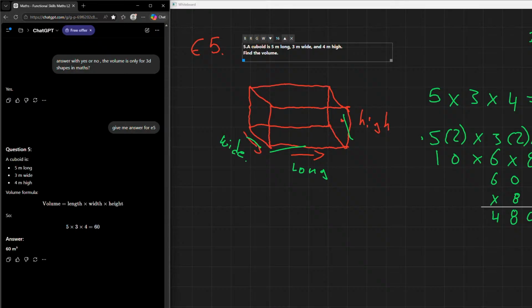Volume is the length times the width times the height. Maybe the one I had in mind is the surface area.